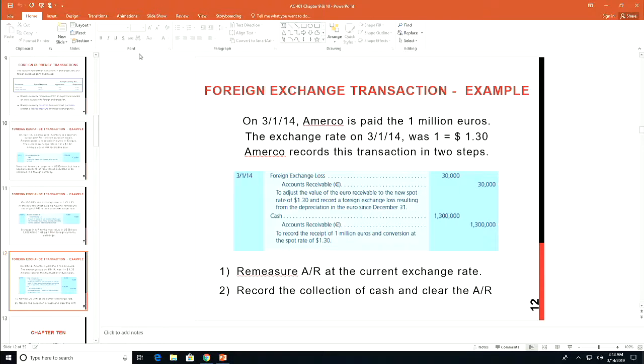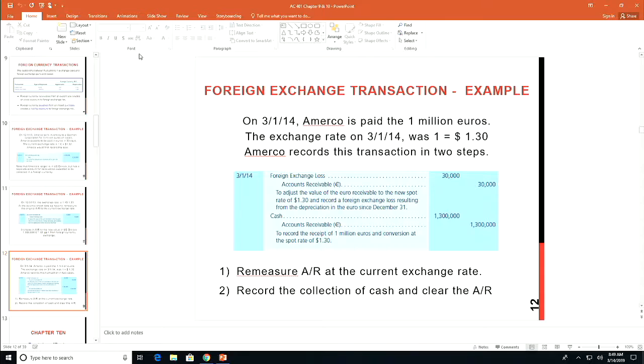So compare this March 1st rate with your immediately adjusted rate, that means December 31st. So December 31st, 1 euro was $33. March 1st, 1 euro is $30. So what happened to euro? Euro value goes up or down, Jake? Down, right?